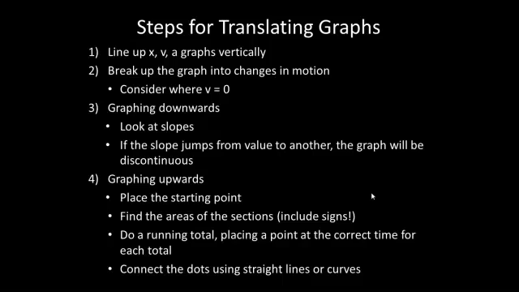If you actually had a velocity that was negative, your line or curve would be underneath the x-axis, and you would consider from that curve up to the x-axis, and that displacement would be negative. You'll want to do a running total, placing a point at the correct times and for the total at that particular point, which I'll show you an example of in just a second. And then you need to consider whether to connect the dots with straight lines or curves.